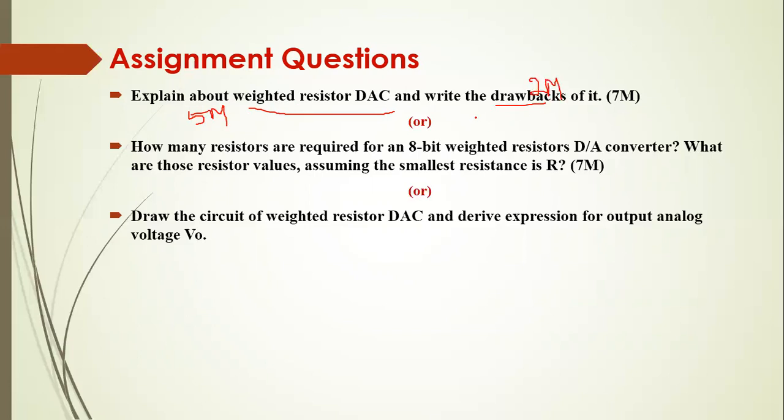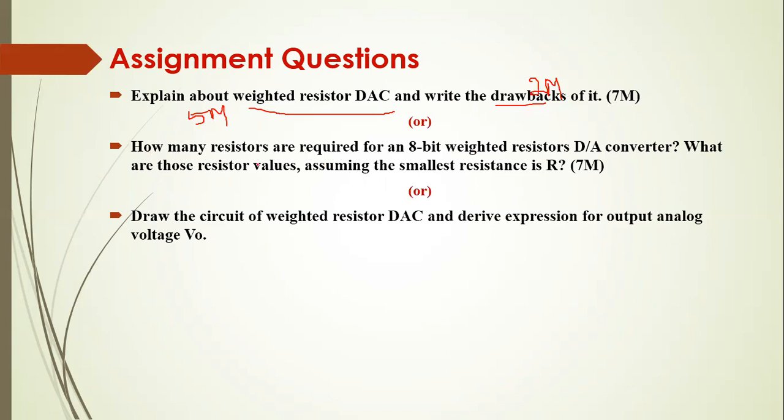At least you have to mention 2 drawbacks. The main drawback in the circuit is that as the number of input bits increases, the number of combinations increases. The second drawback is that the resistance value is restricted at both upper and lower ends. That means as the number of bits increases, the resistance values are not readily available. So these 2 are the main drawbacks that we have to mention.